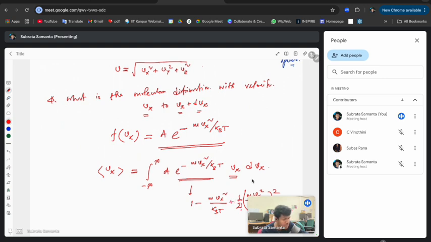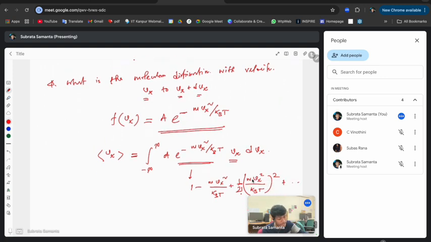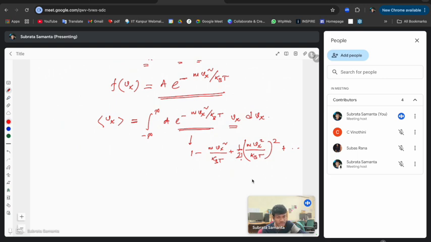So every term is an even power of vx: vx square, vx4, vx6, vx8. So those are all even functions, and the other factor is an odd function. So if we integrate from minus infinity to infinity, it gives 0.